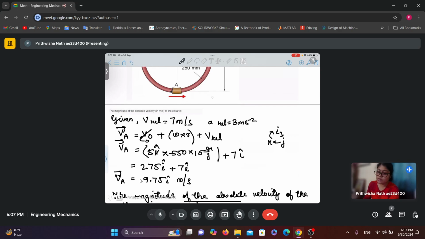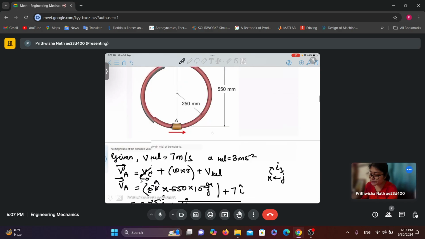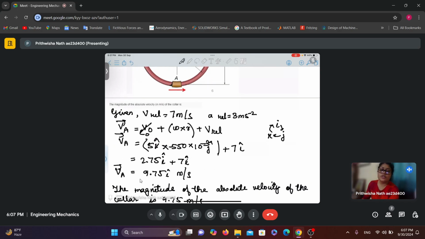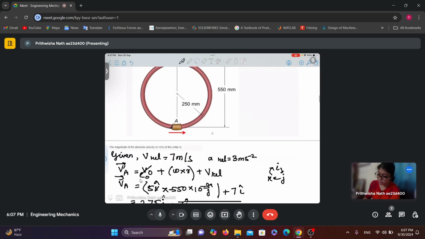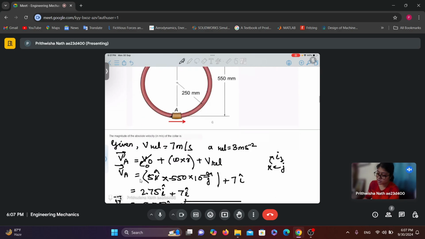I have written down the formula here. VO is 0, as per the choice of the frame of reference, and in omega cross R I have substituted omega as 5, in the K direction, and R is in the minus J direction.